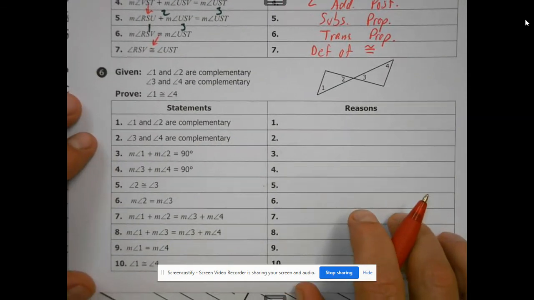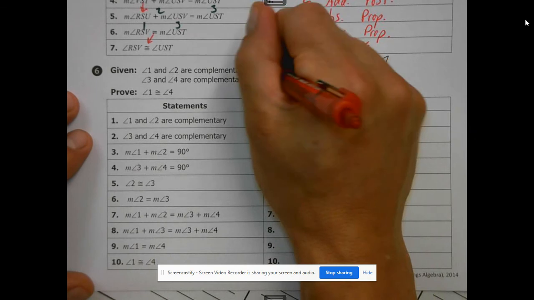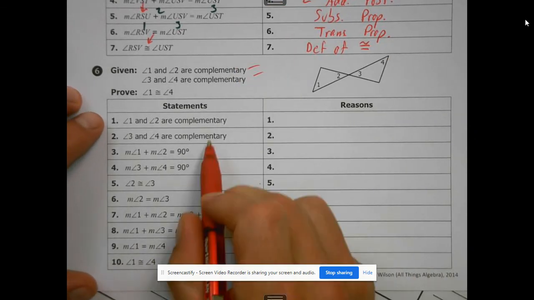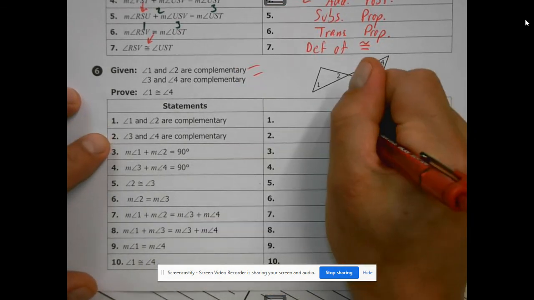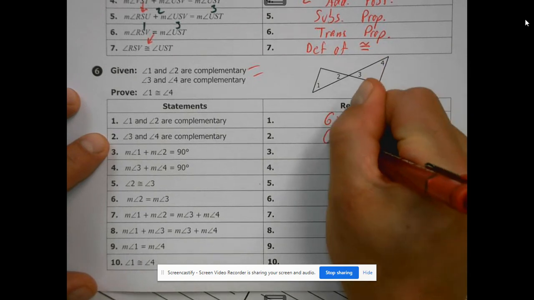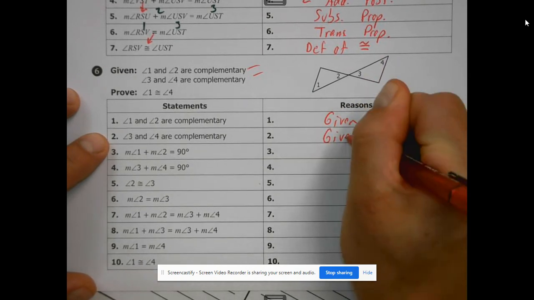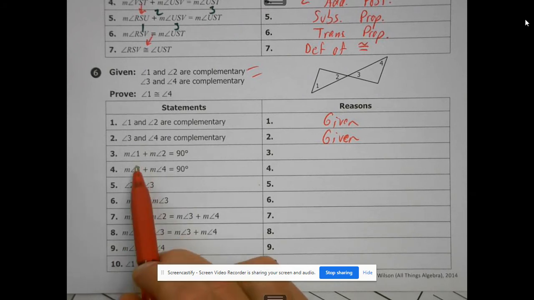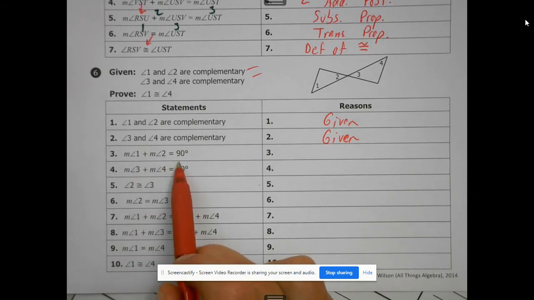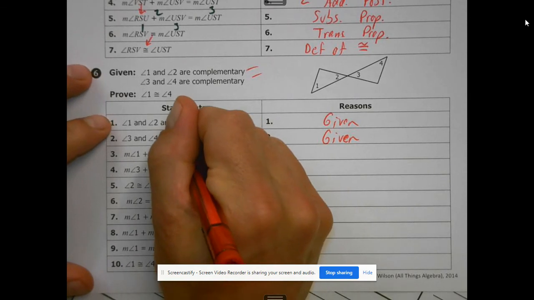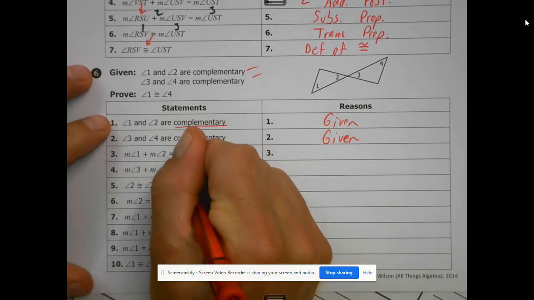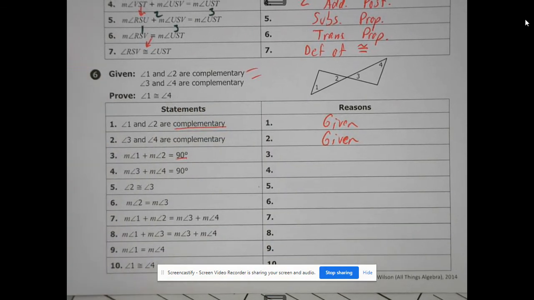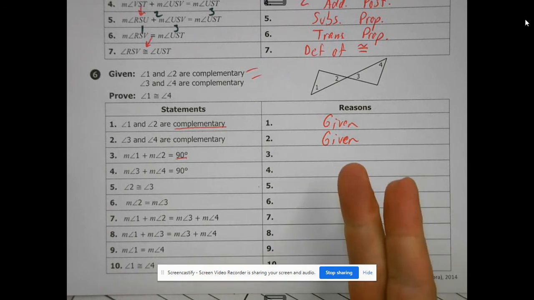Number 6, we have 2 givens. Let's fill them in. Hey, it's both these right here. Both those are given to us. Easy money. All right, here we go. 3 says, hey, 1 and 2 form a 90-degree angle. Well, check this out. If 1 and 2 are complementary and they add up to 90, is that the definition or is that the theorem?